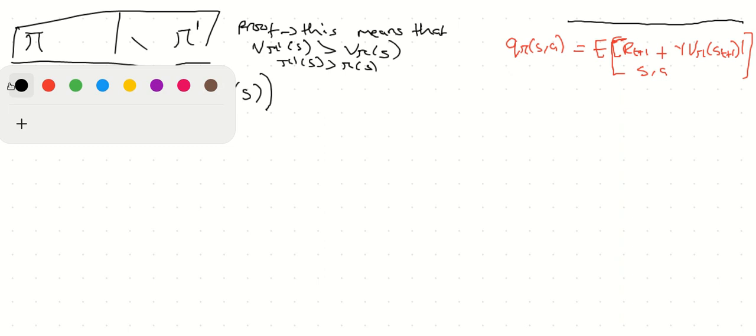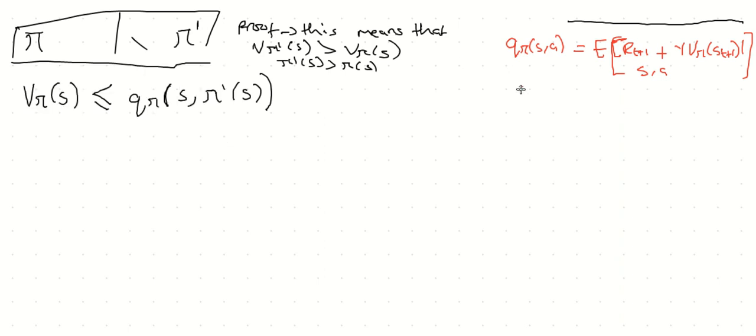The other one that we need is from the previous slide, when we said Q pi of s comma pi prime of s is greater than or equal to V pi of s. This is the other proof.